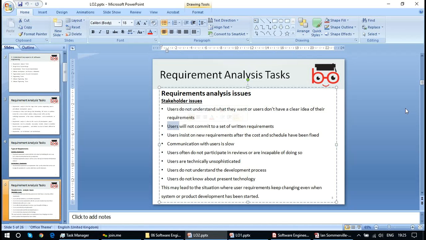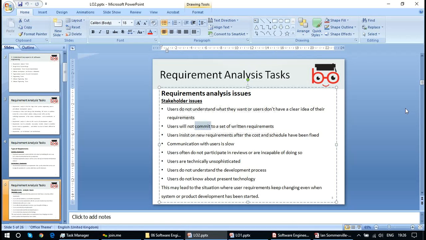Users will not commit to a set of written requirements. Communication with users is slow. Basically, commit is to be committed.